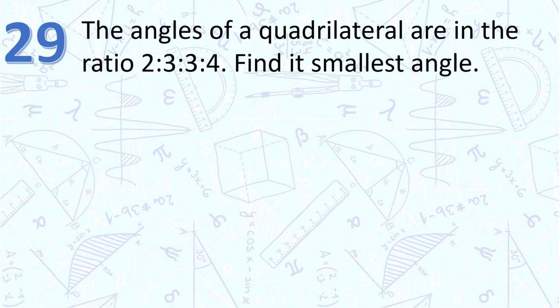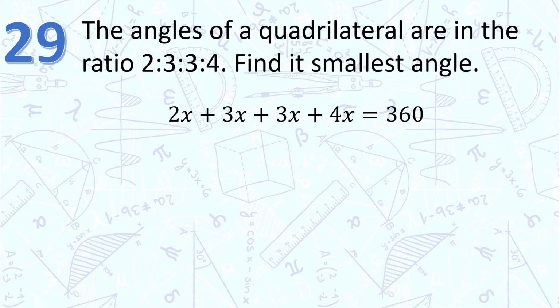Number 29. The angles of a quadrilateral are in the ratio 2 to 3 to 3 to 4. Find its smallest angle. Let us use x as the scale factor as we did in the previous item. We know that the sum of the interior angles of a quadrilateral is 360 degrees.